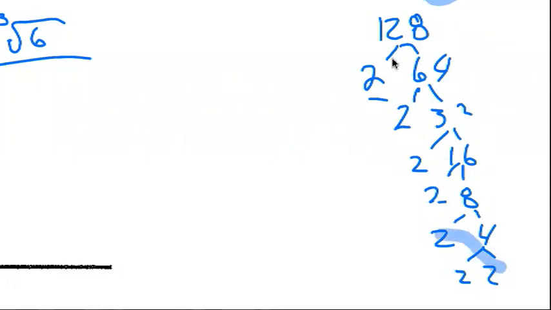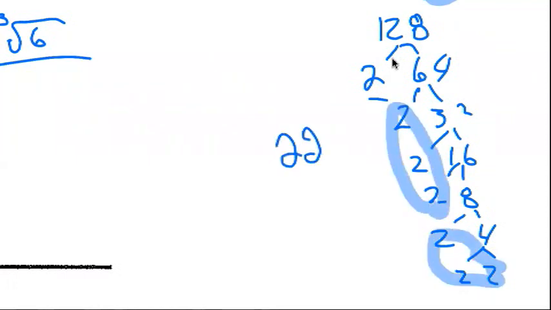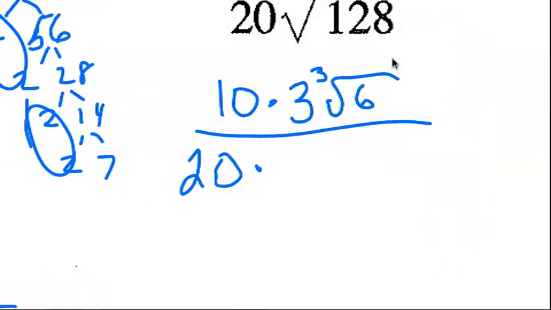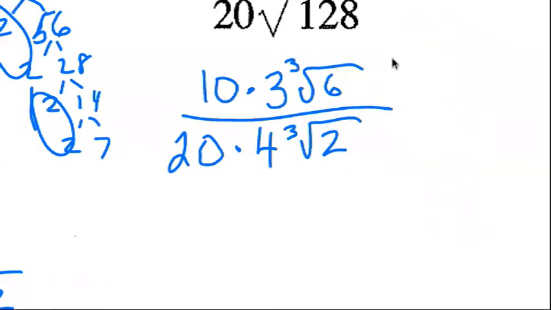And there's one group of 3, and there's another group of 3. So that's going to give me 2 times 2 with a cube root 2 left over, which is 4 cube root 2. That's better.